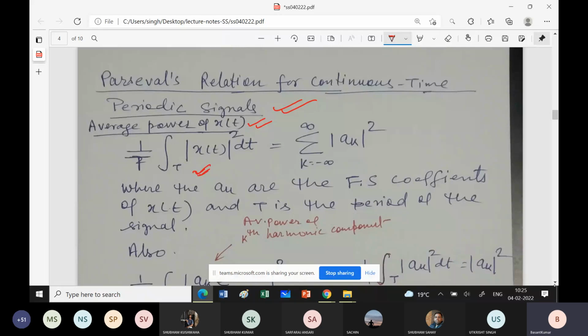Now it is equal to the sum of the squares of the magnitudes of all the Fourier series coefficients. This relation is given by Parseval, where a_k are the Fourier series coefficients of x(t), and T is the time period of the signal. That's clear?